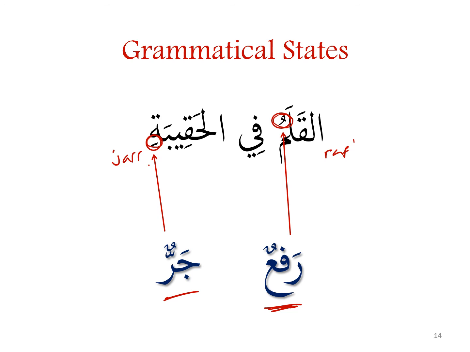Now we can say that a harf jar like fi puts the following singular noun into the state of jar, because singular nouns can change their grammatical states depending on their role in the sentence and what's acting on them. So here fi is a harf jar, which is acting upon the word that follows, and whatever grammatical state it was in before, it's now turning it into the state of jar, which is reflected by kasra.